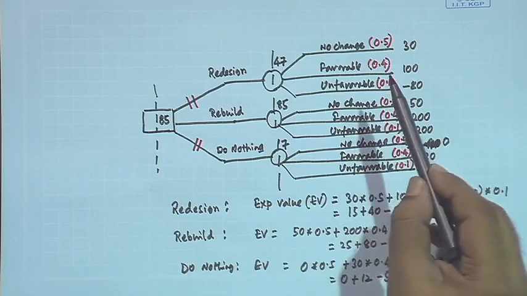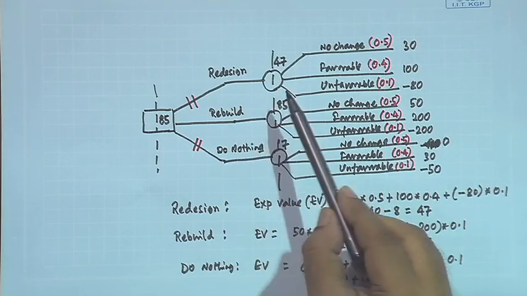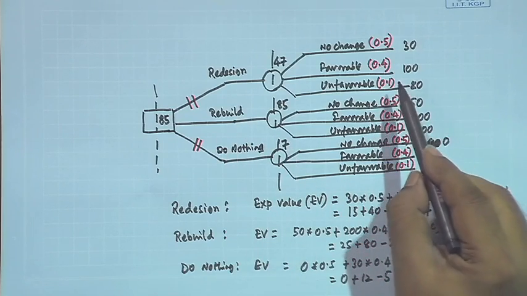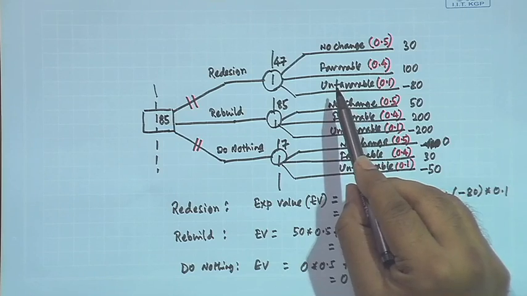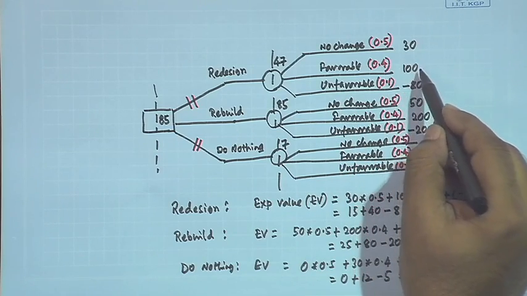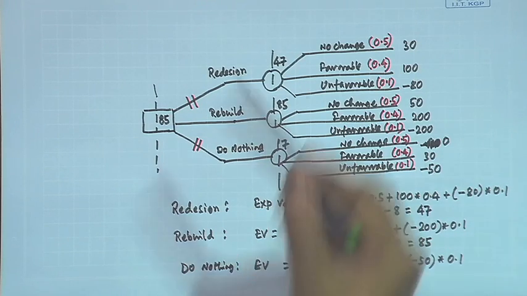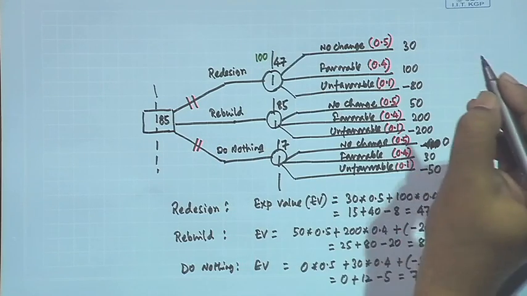He would like to think that if the redesign option is chosen, the best state of nature would come. Which one is the best state of nature? That means where we are getting a payoff of 100. So, in this case, the optimist's payoff, I am writing in green, would be 100.